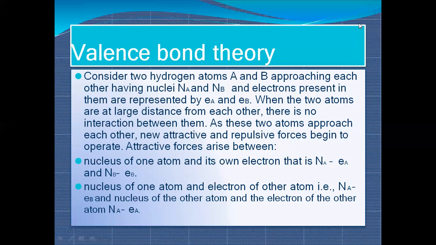Attraction between the nucleus and the electron of the same atom, as well as the electron of the other atom and the nucleus of the other atom. Why? Because of the difference in charge: the nucleus is positively charged and electrons are negatively charged. But repulsion arises between the nuclei of both atoms and between the electrons of both atoms.